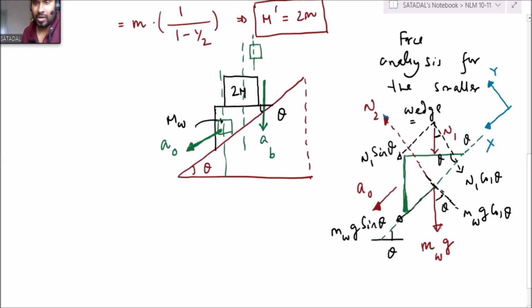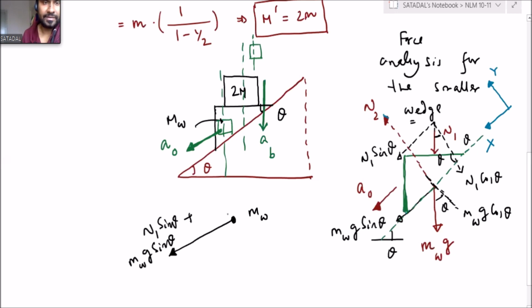Right. So now note down the equation. I'm writing the equation for this direction. This is the mass of the wedge. How much net force is acting in that direction? It is N1 sin theta plus M W g sin theta.